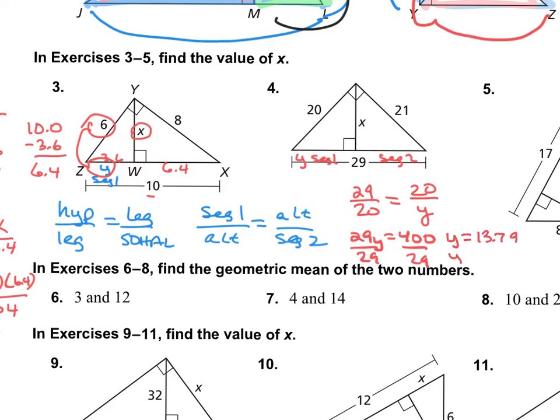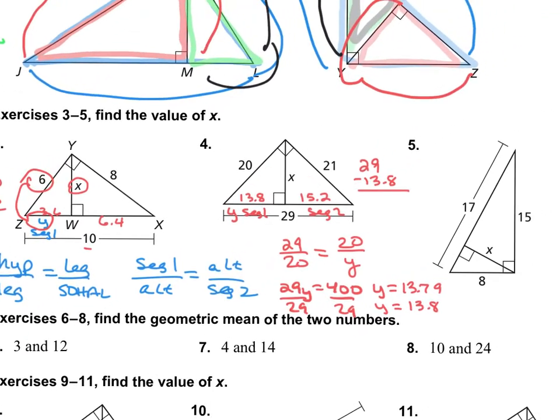I'm going to round it to 13.8. So that's what this one is. So then now I'm going to take 29, subtract 13.8 to get the length of segment 2. And this one's 15.2.